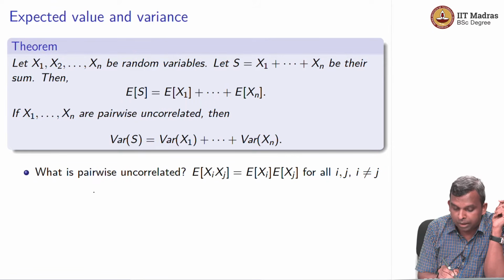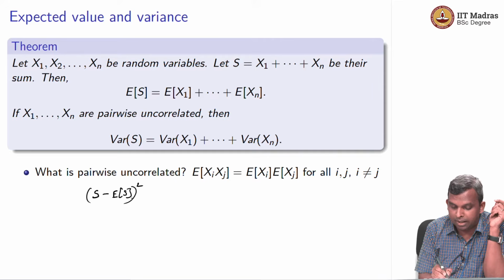So it's got to do with the expected value of S minus expected value of S, the whole square, isn't it? This is the variance of S. It's expected value of this guy. So let's see how to write what's inside.